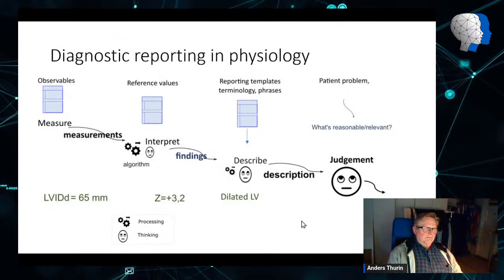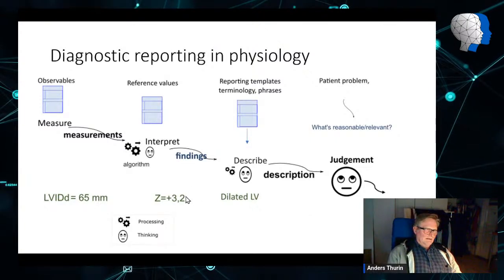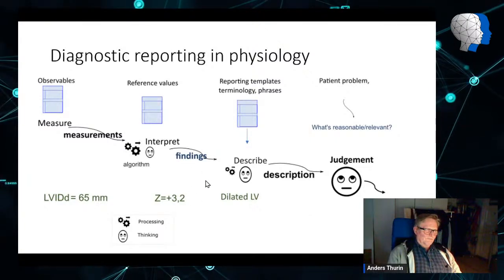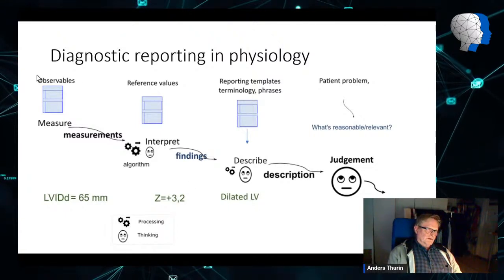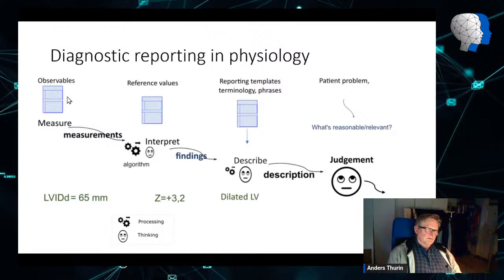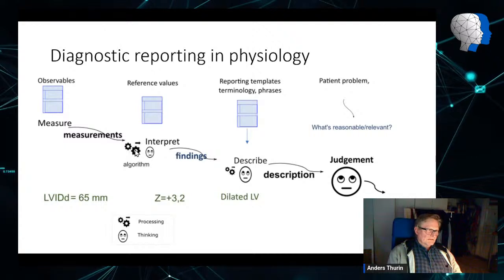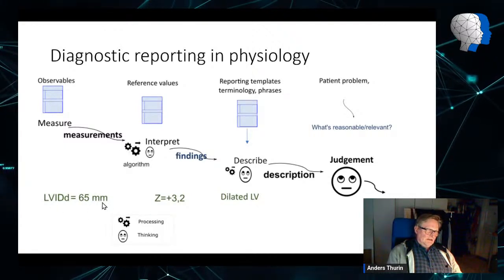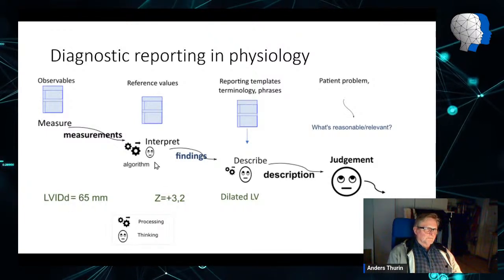Here's a description of what's happening in a typical physiologic exam. So we have a list of observables, that's variables that we measure. And we get a measurement, like a distance, here the diameter of the left ventricle.